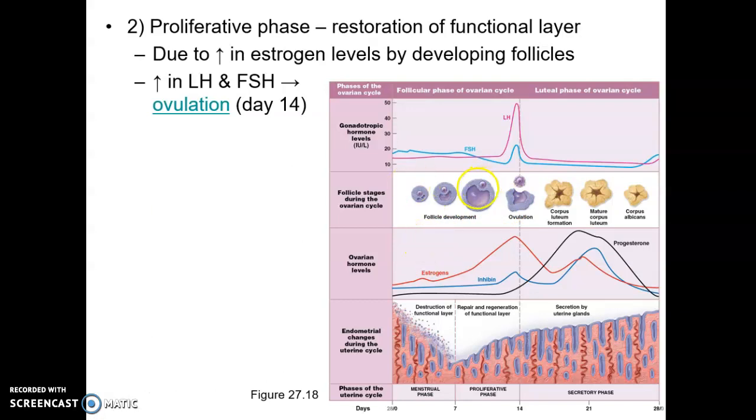With a spike in luteinizing hormone and follicular stimulating hormone from the anterior pituitary right about day 14, that results in ovulation, or rupture of one of the mature follicles, with the ejection of the secondary oocyte.